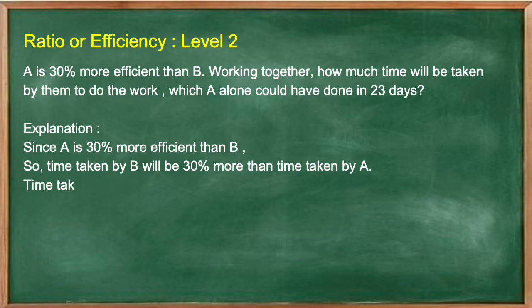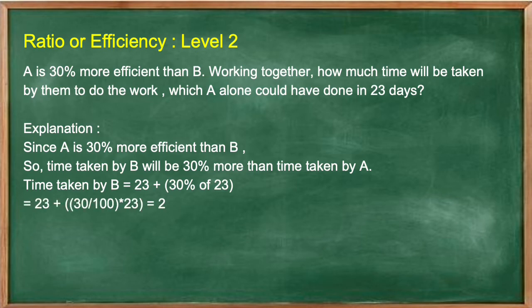So time taken by B will be equal to 23 plus 30% of 23, which is equal to 23 plus 30 divided by 100 into 23, which is equal to 299 divided by 10. So B can complete the work in 299 divided by 10 days.